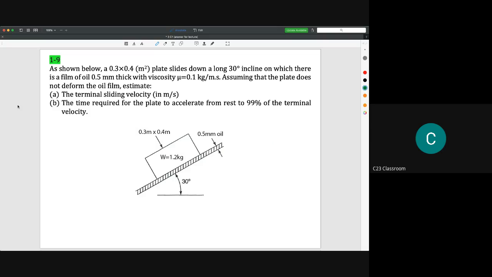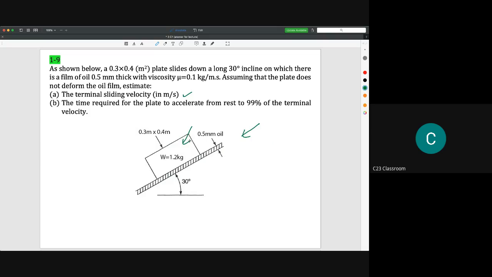The idea of terminal velocity is that when you have this situation, the object will slide down. At first it's not a fully developed condition, so the velocity starts to increase and increase, meaning the increment of velocity creates acceleration, and then at a certain time it gives you a constant velocity.